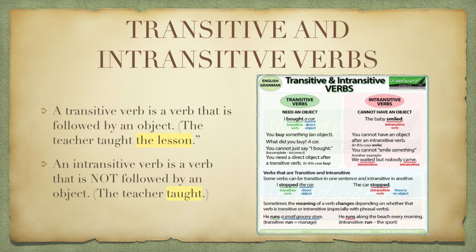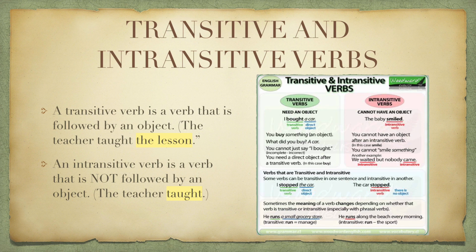Therefore, taught will be a transitive verb. An intransitive verb is a verb that is not followed by an object. For example, the teacher taught. There is no object in this sentence, so taught would be an intransitive verb.